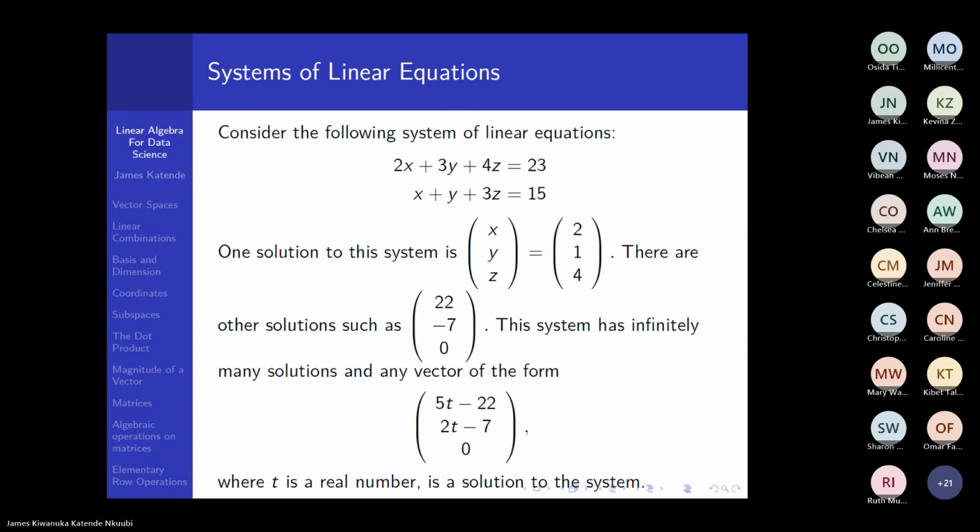Excuse me, sir. Yes. For this particular question, other solutions such as 22, negative 7, and 0, that one works, but I think this format that you've given, 5t minus 22, 2t minus 7, and 0, if you were to substitute 0 in it, you would have minus 22, minus 7, and 0. That is, you substitute t for 0. And that would not match.